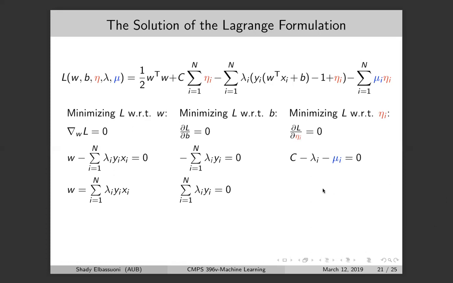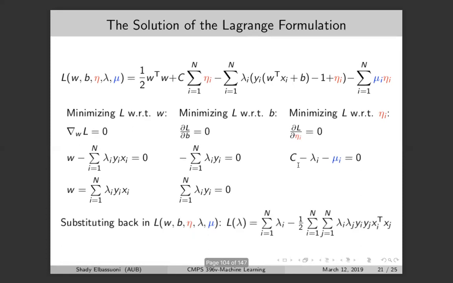Correct? You take this here, you take this here, their summation would be equal to C. I substitute back in L, and I get exactly the same equation as before. You can verify it offline, but I get exactly the same.